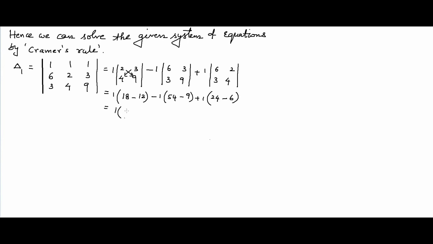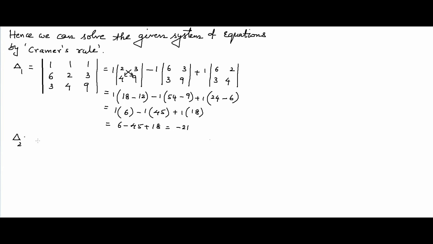So this is 1 into 18 minus 12 is 6, 54 minus 9 is 45, 24 minus 6 is 18. So 6 minus 45 plus 18 is equal to minus 21.